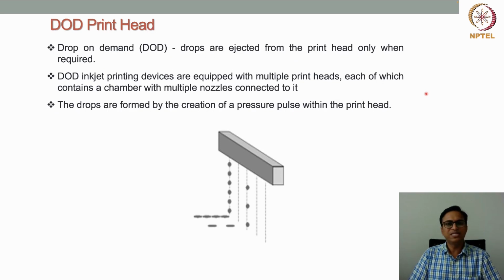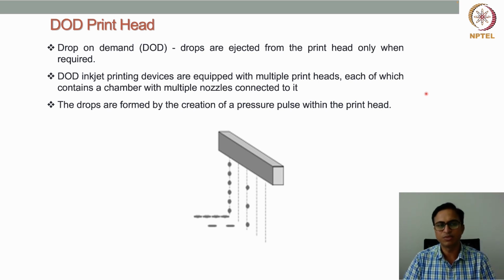Now in DoD printing, what happens? The droplets are ejected when required. So whenever a signal is given to the printer, only at that time the droplets will be generated. That's why it is called drop on demand, right? Now, the drop on demand printer is equipped with multiple printheads.